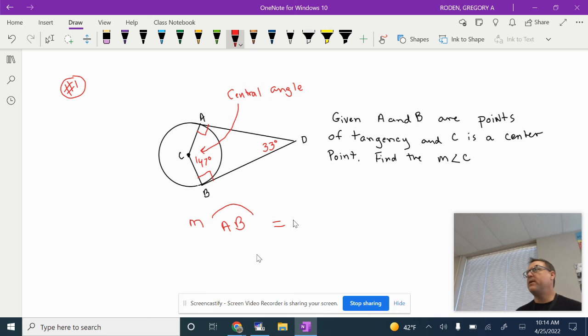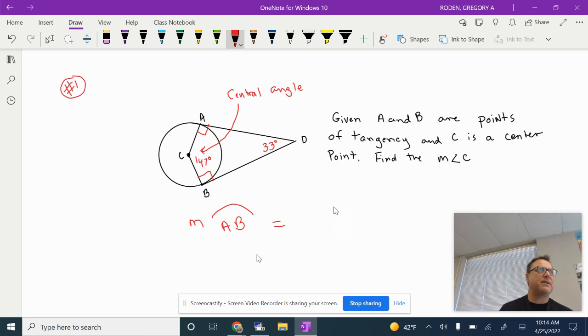So who can raise their hand and tell me, what do we know about central angles and their intercepted arcs? This is a good way to get you back into your notes a little bit. What do we know about those? Okay, so formula. Let me help you out.